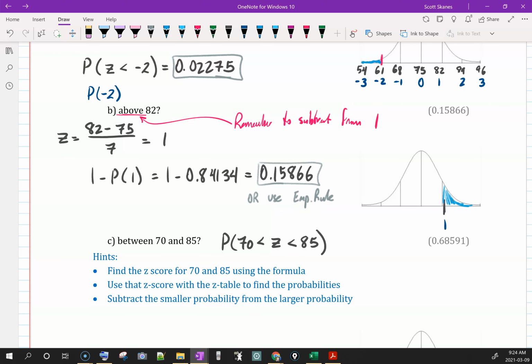The reason I said that is because if you remember your rules, you'll know that this is 34%, you'll know that this is 13.5%, and you'll know that anything above that is 2.5%. These two numbers added together give you 16%, which is very close to the answer that we got, which is why we can check with the empirical rule. It's actually the same thing because our z value was simple. But I wouldn't rely on that because you might get confused, okay?